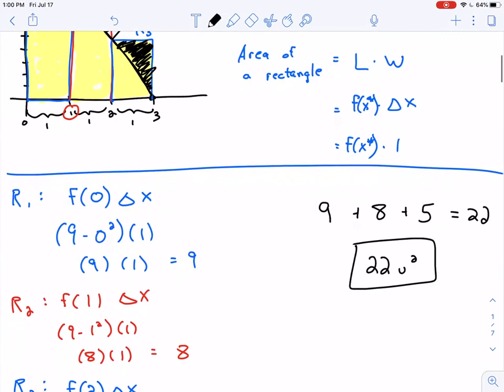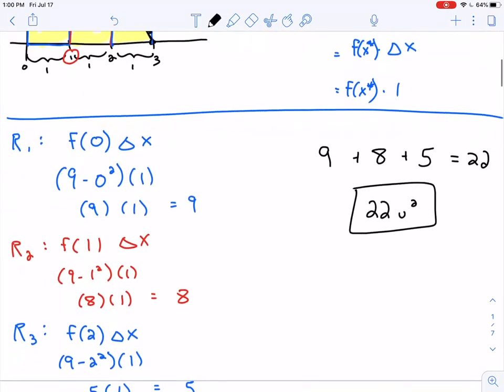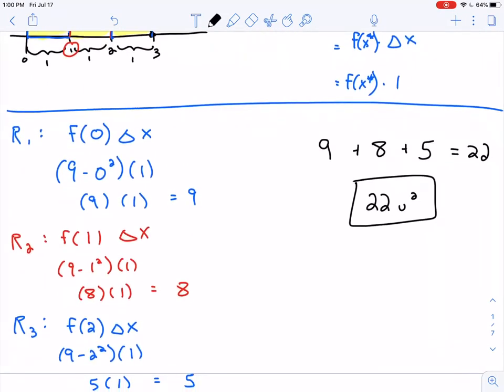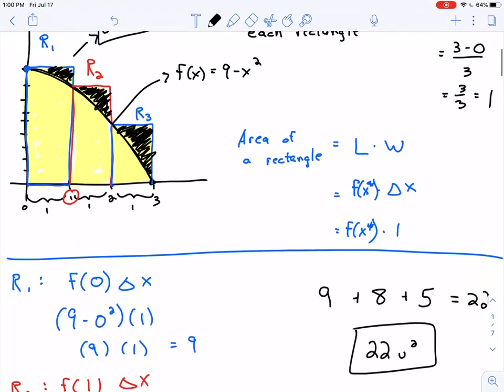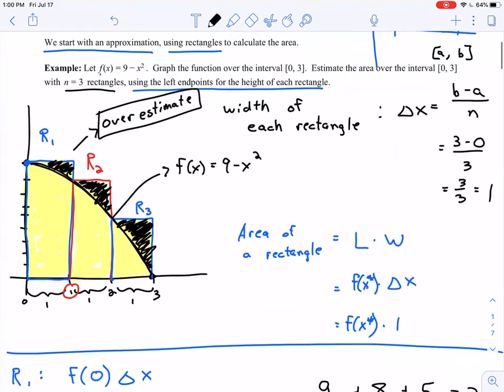I will not be asking you to do Riemann sums, but I will ask you questions about Riemann sums. For example, I will give you the picture of a function and I will draw in the rectangles, and then I will say, for this approximation, is this an overestimate or an underestimate? And you need to be able to tell me.